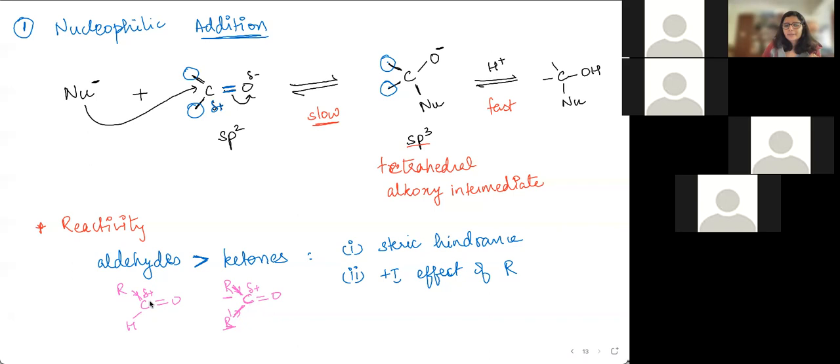So if you compare the positive charge on this carbon versus this carbon, यहाँ पे this bond is more polar. यहाँ पे greater positive charge and greater negative charge है compared to ketone. That is due to the plus I effect of the R groups. So because of these two reasons, aldehydes end up being more reactive compared to ketones.